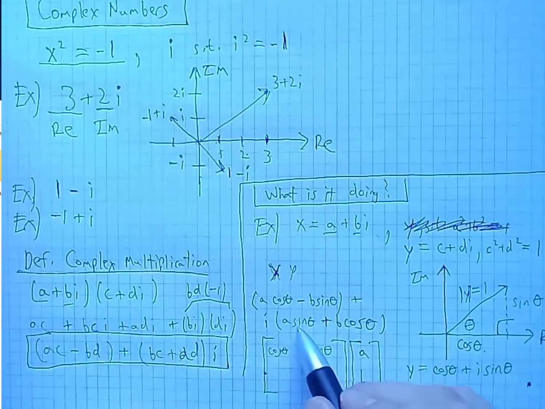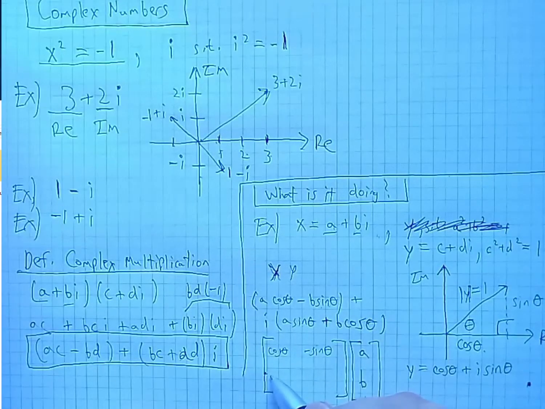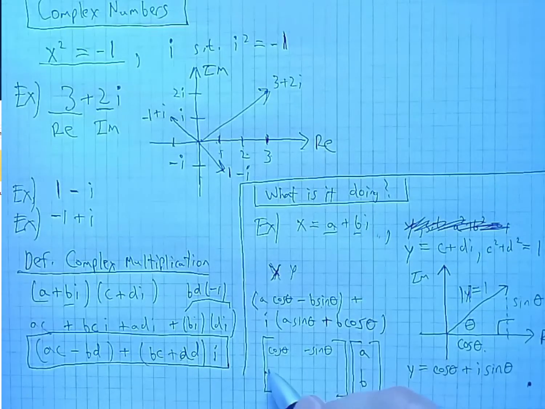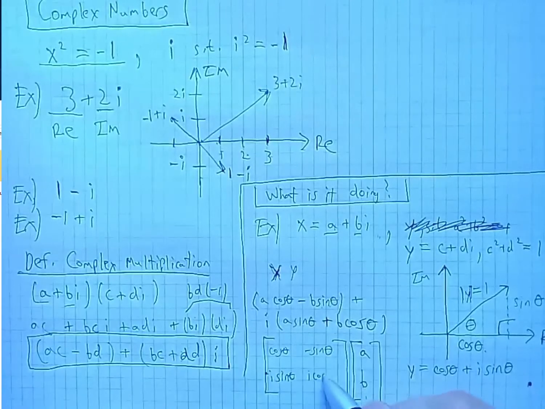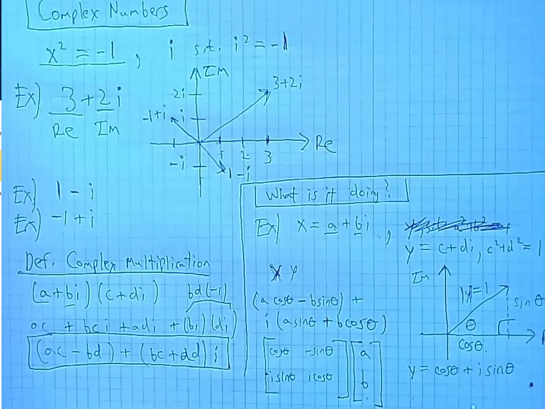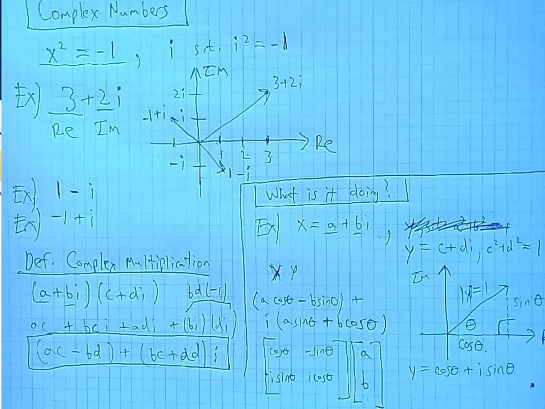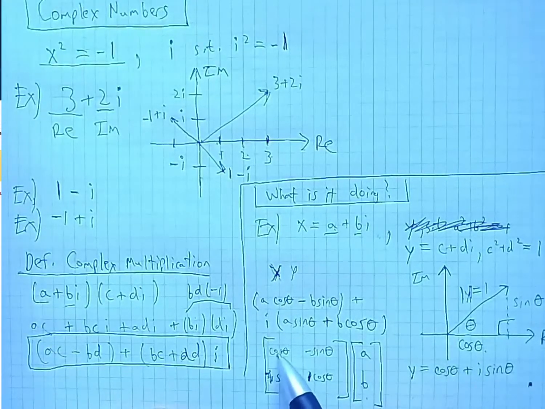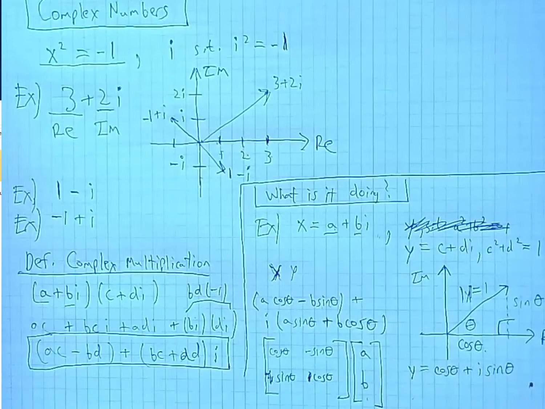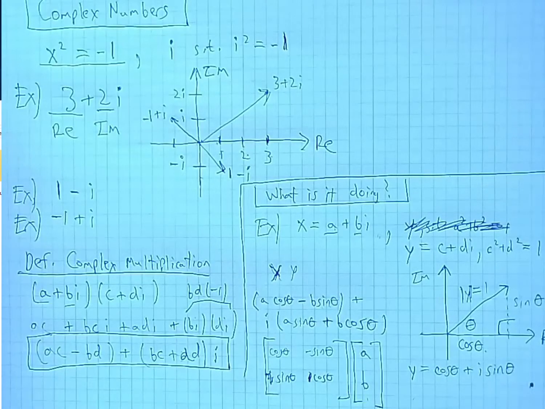And if I put sine theta, cosine theta in the second row, you'll see that that gives me the imaginary part. So this matrix should look awfully familiar. If I just forget about the i for a second, it's cosine theta, negative sine theta, sine theta, cosine theta. That's a rotation matrix.